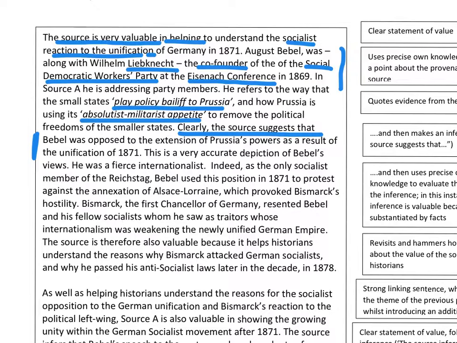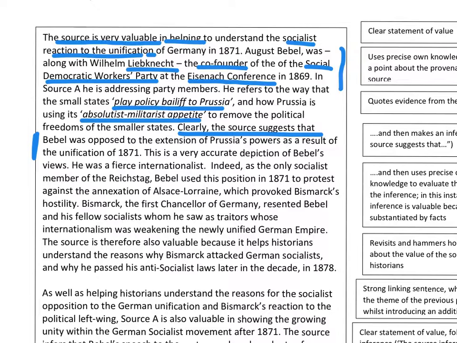You've made an inference, you've extracted a piece of evidence, you've said what the source suggests, but you've now got to use your knowledge to what we call substantiate the inference. Substantiate basically means, is the inference reliable? Can you trust it? It suggests that Babel was opposed to the extension of Prussia's power.